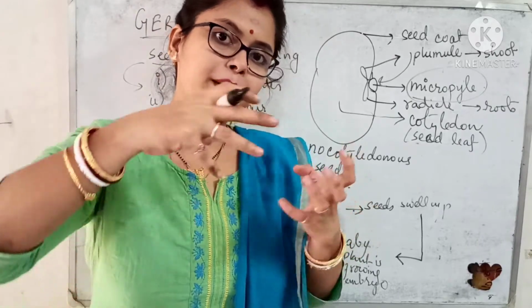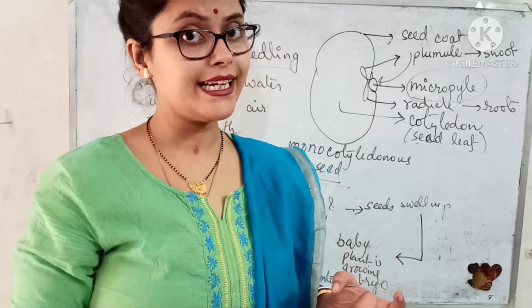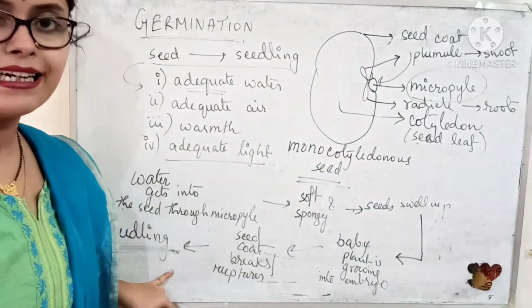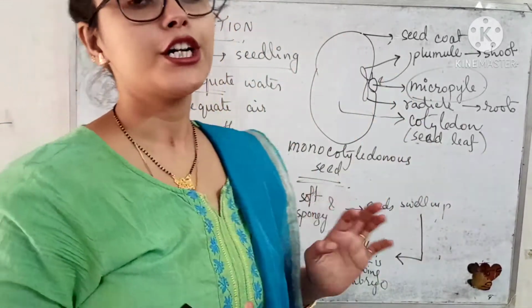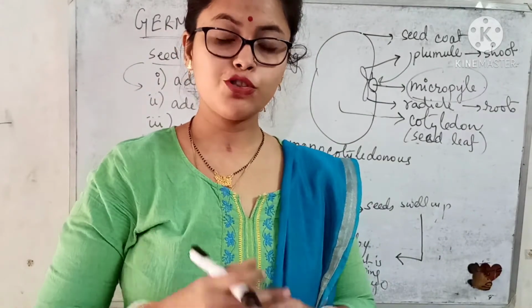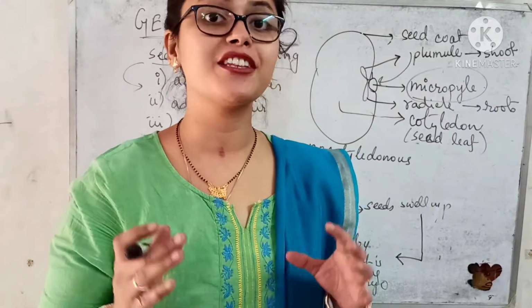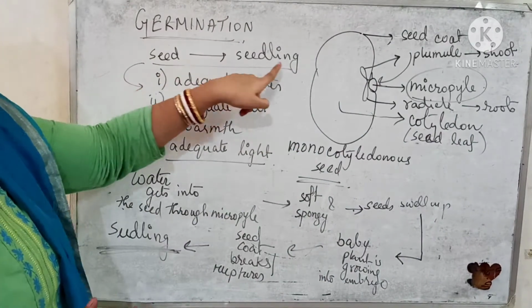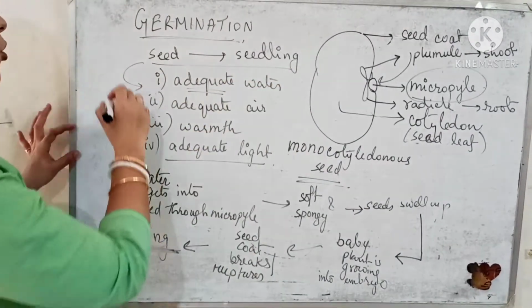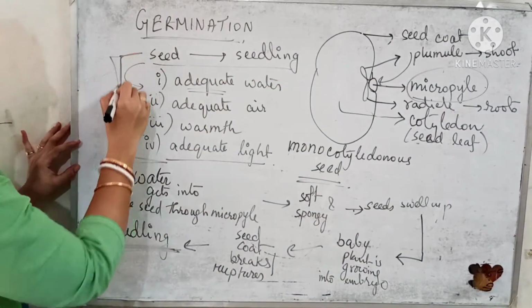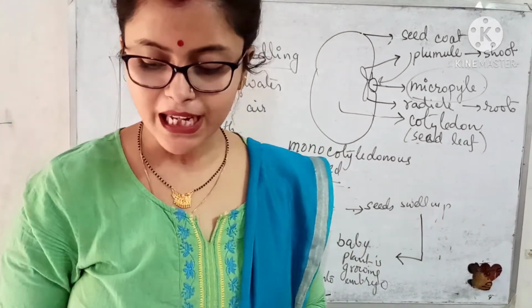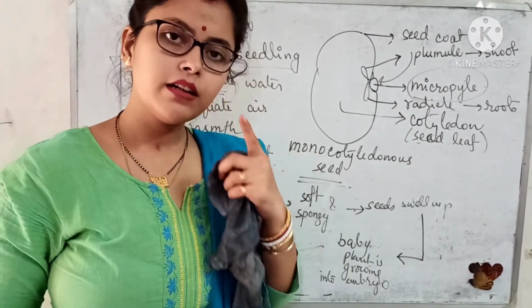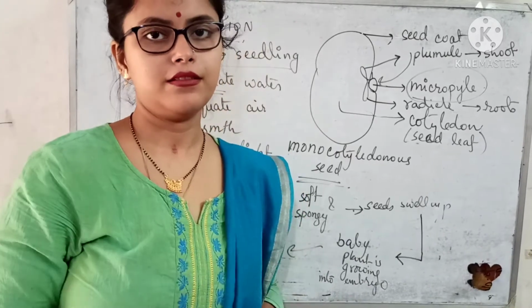And it seems as if the baby plant has come out of the seed, and that is called the seedling. And this whole process is called germination. So germination is the process of the development of the seed to the seedling when it gets all these favorable conditions. Okay. Now the question is, how will the seed land on the soil?